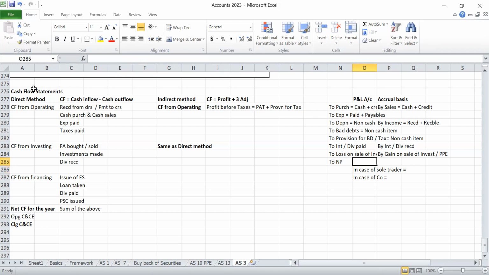In case of sole trader, profit will be added to capital. In the profit and loss account, profit; in the balance sheet, you will add with capital.